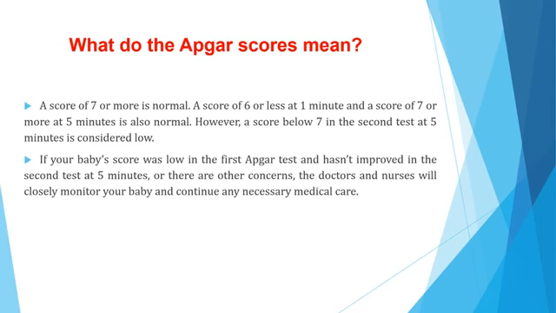If your baby's score was low in the first test and hasn't improved at 5 minutes, there is other concern, and the doctor and nurses will closely monitor your baby and provide the necessary medical care. So it is a score to assess the baby's activity or performance. It should be 7 and above; at 7 or below, you should consider medical treatment or consultation to assist your baby.